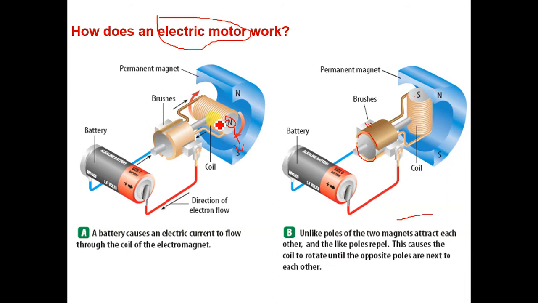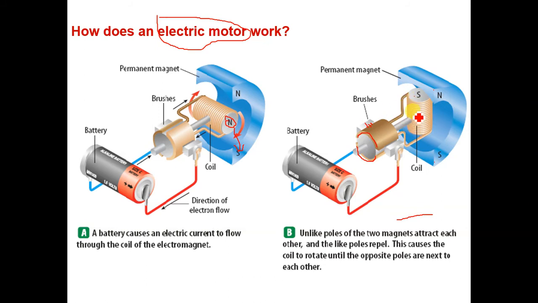Now see, the electromagnet was like this, right? Then it turns and becomes vertical like this when the unlike poles attract. So now when the unlike poles attract, I don't want this electromagnet to stop because I need my device to keep working. So I need this electromagnet to keep what? Rotating, right?